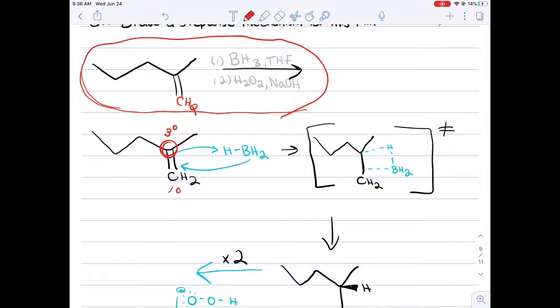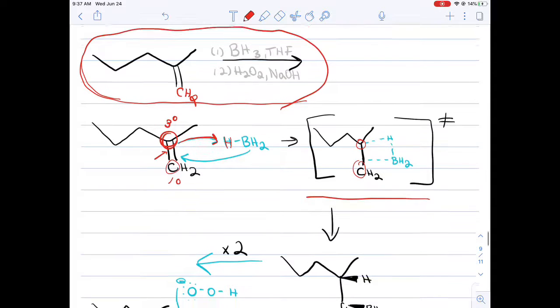Okay, so now you have HBH2, going to want to form a bond with these carbon atoms. The pi bond right here will break, and so you'll end up with this transition state here. Of course, as always, your hydrogen atom is going to bond to the more substituted carbon atom in this reaction, and your BH2 is going to form a bond with the less substituted carbon atom.